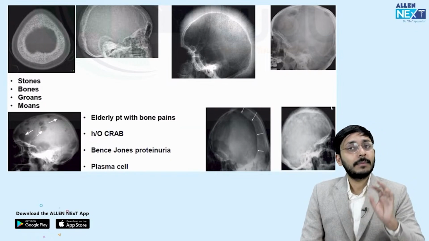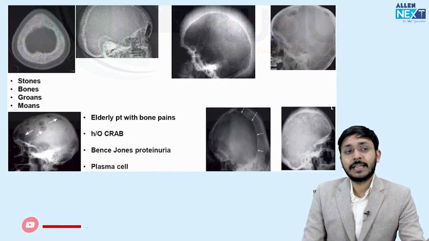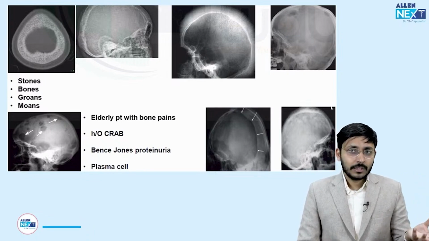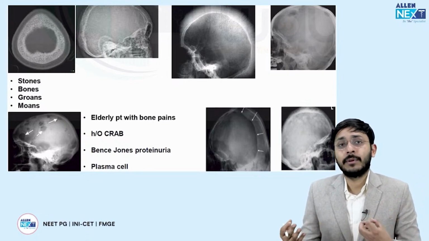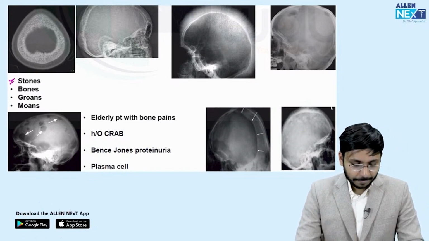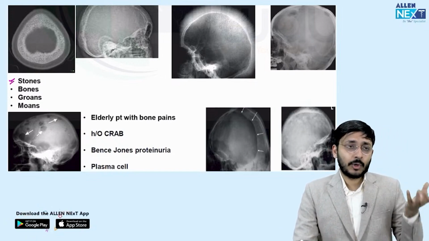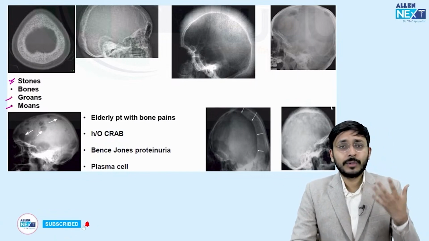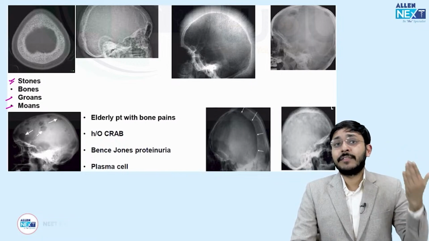So in hyperparathyroidism, if the scenario of hyperparathyroidism is given, what kind of question will it be? Patient will have renal colic because there are stones which form in the urinary system. Patient will have bone pains because of the lytic lesions in the bone. He groans and moans because of hypercalcemia, which affects the CNS.